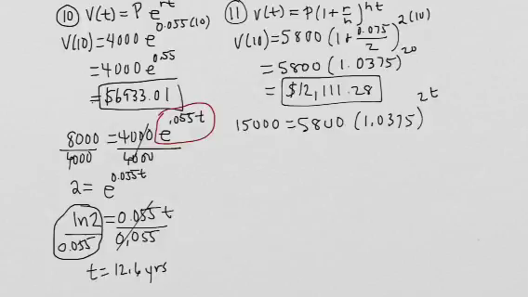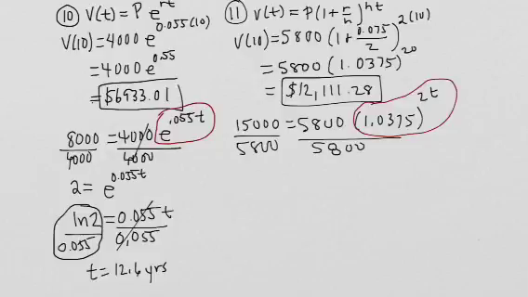Since I want to isolate the base and its exponent, the first thing I'm going to do is divide both sides by 5,800. Do that to both sides. So when you do that, 15,000 divided by 5,800, you get 2.586 and so on.